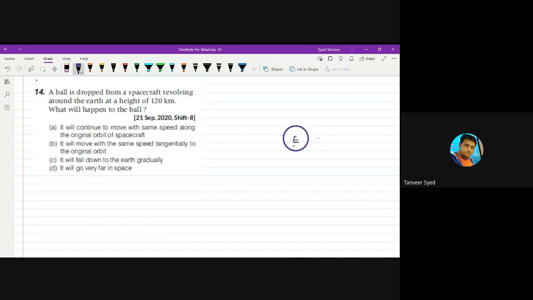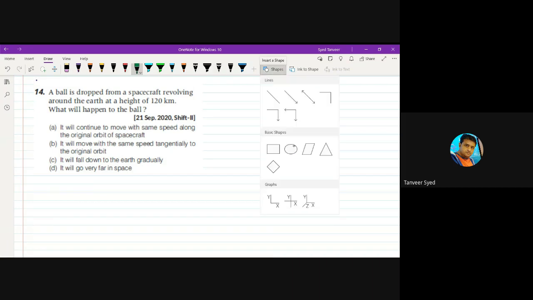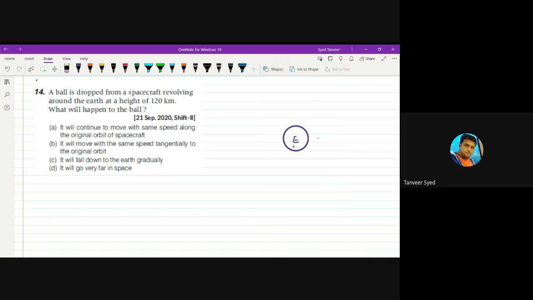This is Earth. This is the orbit of that spacecraft, 120 kilometer.